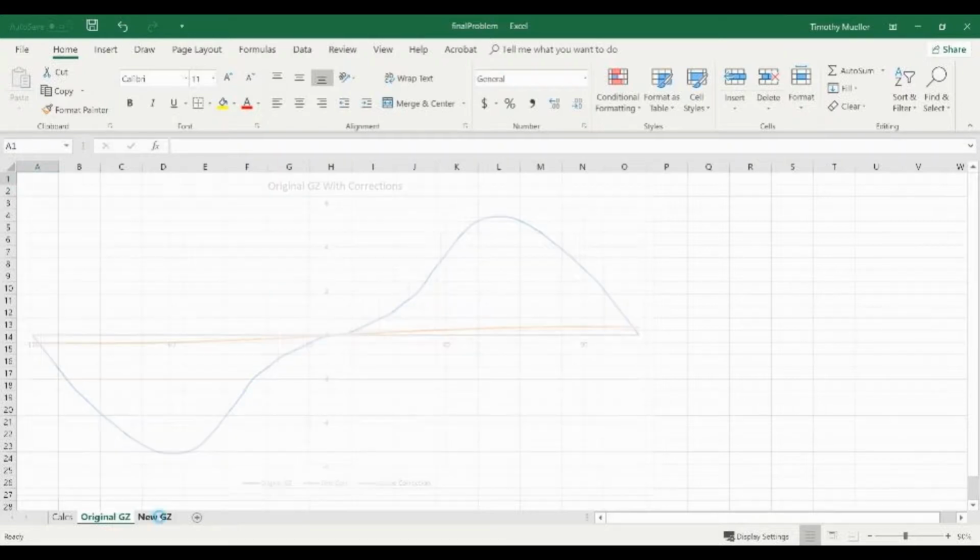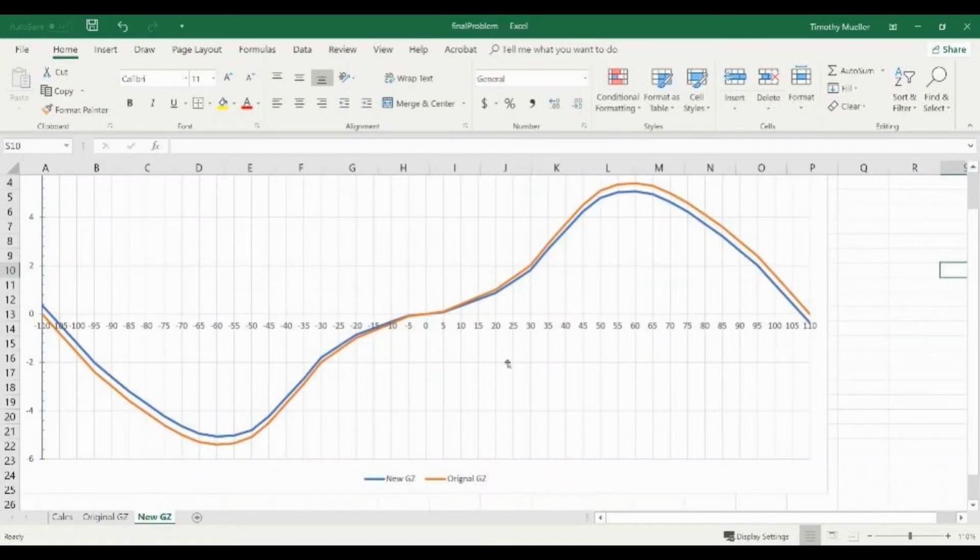Now let's look at how it compares to original. All right, so the original, as we saw, was the orange, and then the blue here is the new. We know that we added weight high, so we expect that across the board we're going to lose righting arm, and we see that. The blue, which is the new GZ, is a little bit lower in every single spot than the orange.